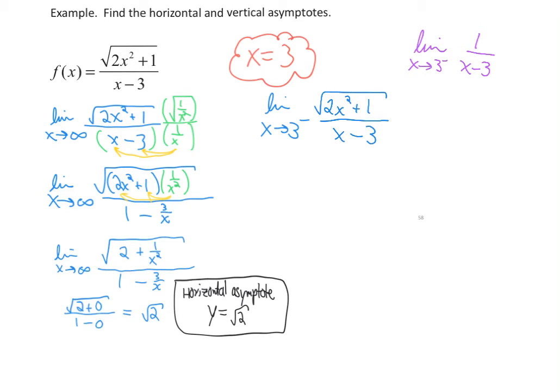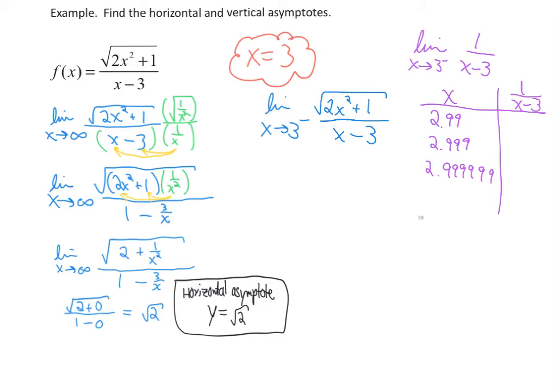And the way we're going to figure this out is thinking about what numbers get closer and closer to 3 from the left. So I have 2.99, I have 2.999, 2.999999. When I calculate what 1 over x minus 3 is for each of these, I'm going to get big numbers.